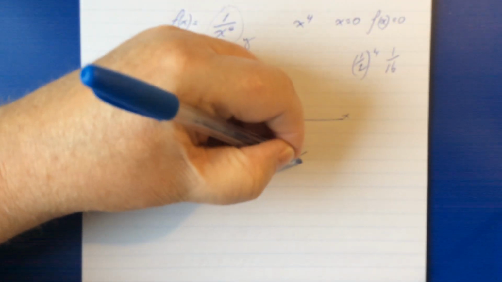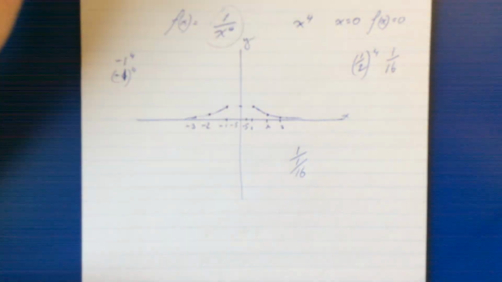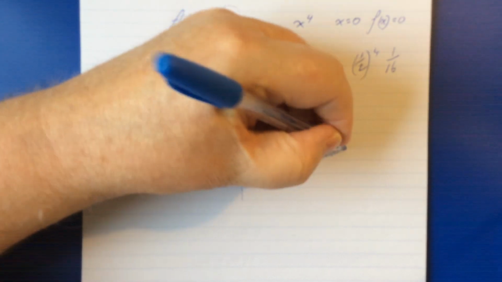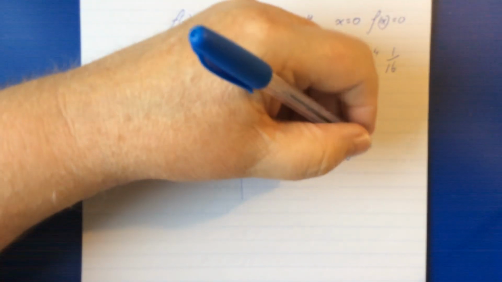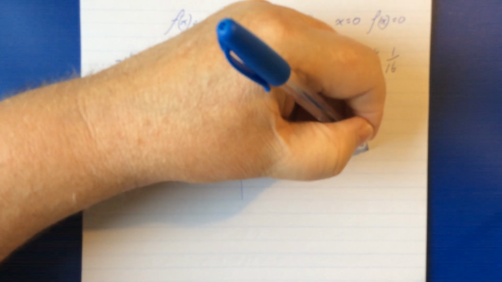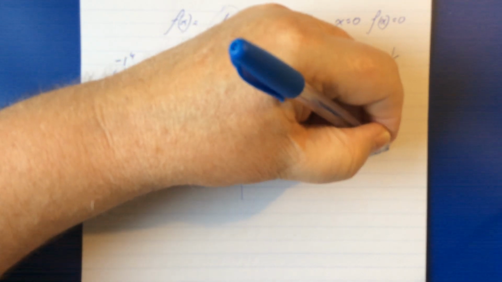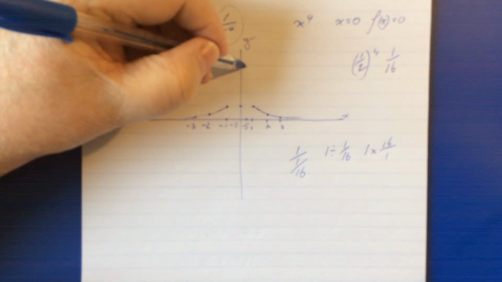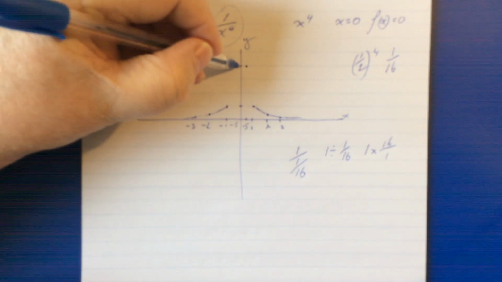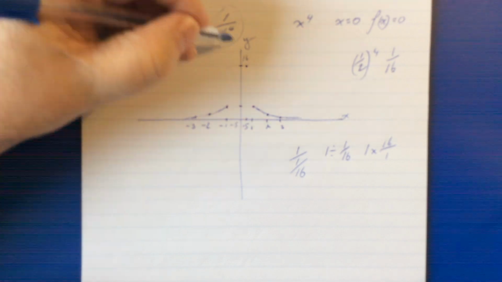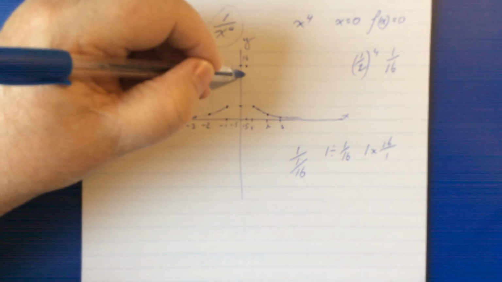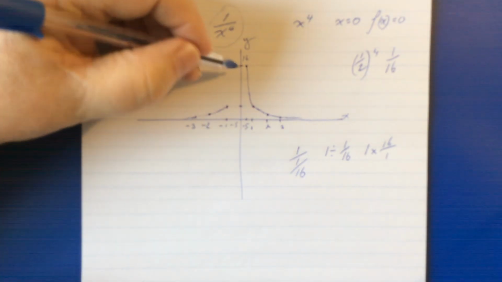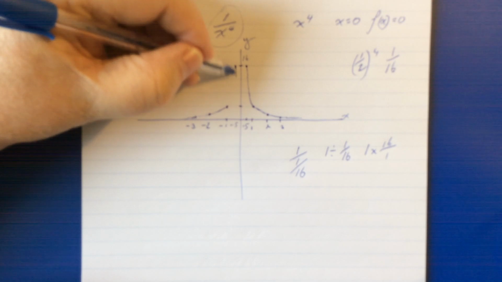So we have 1 over 1/16. Well, that is 1 divided by 1/16, which is the same as 1 times 16 over 1. So at 0.5, this thing has a value of 16 on the y-axis. The function of x is 16 at 0.5. And so this thing does this, and it will do the same thing over here.